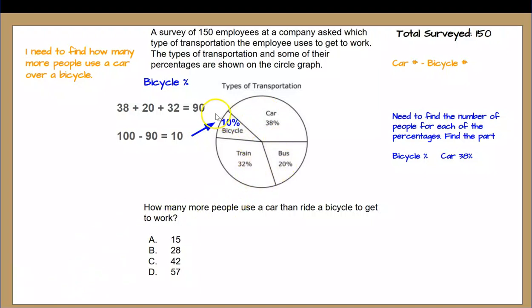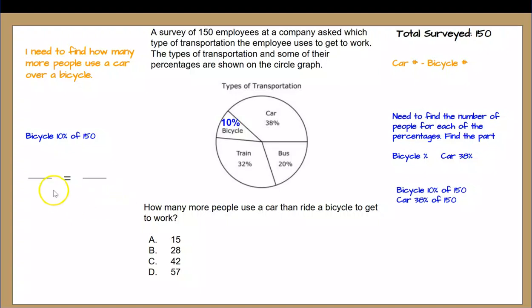Now I can use this information, the 10% and the 38%, to find out how many people that actually represents. So we're going to need to set up some proportions. If I set up a proportion to find this, 10% of that 150, or 38% of 150. When working with proportions, I want to see if I can figure out how I get from 150 to 100 or 100 to 150.